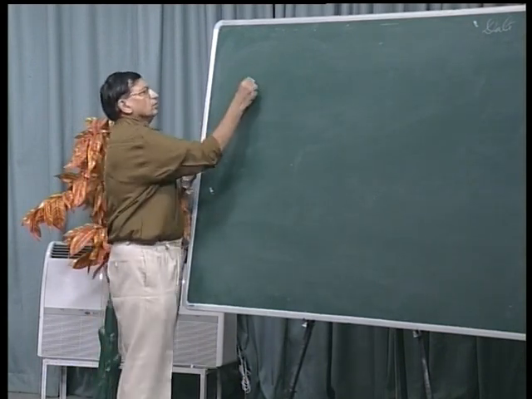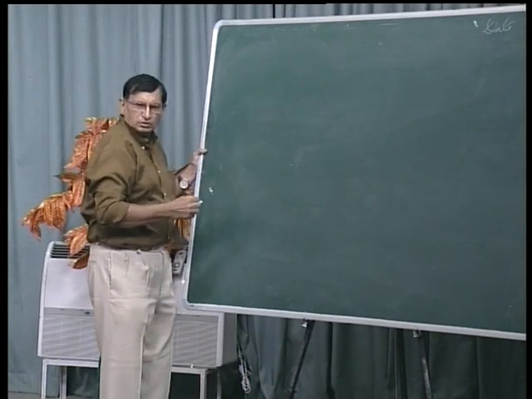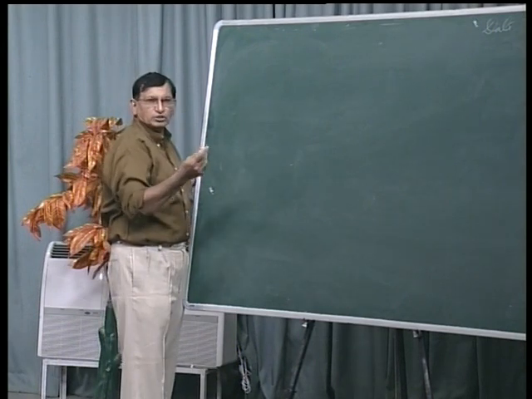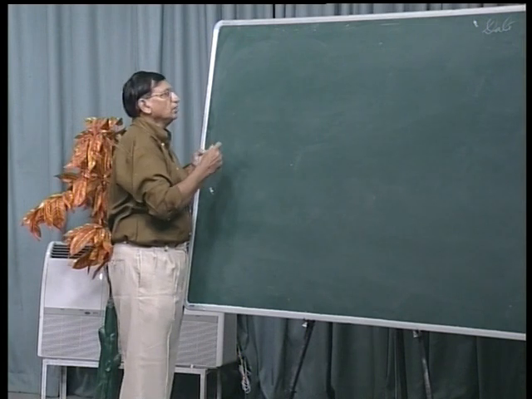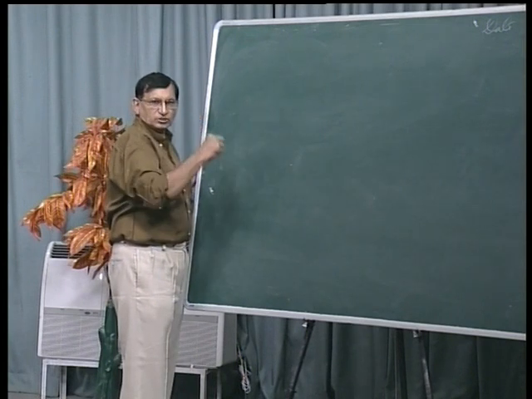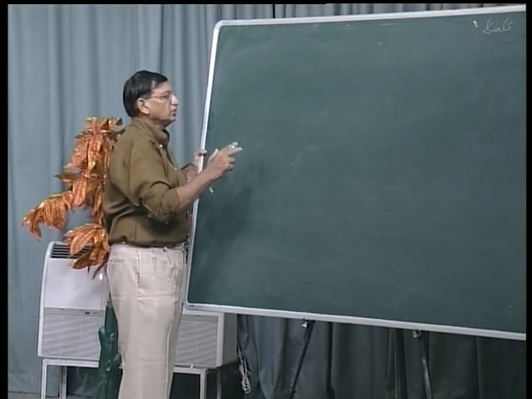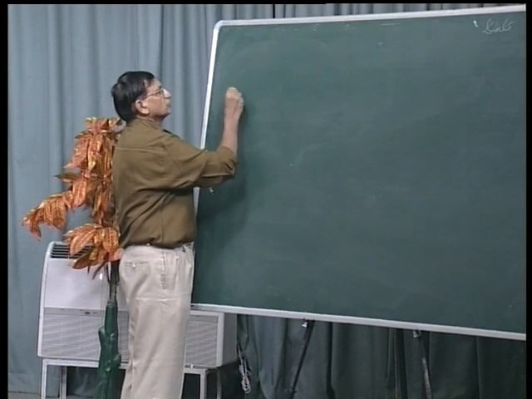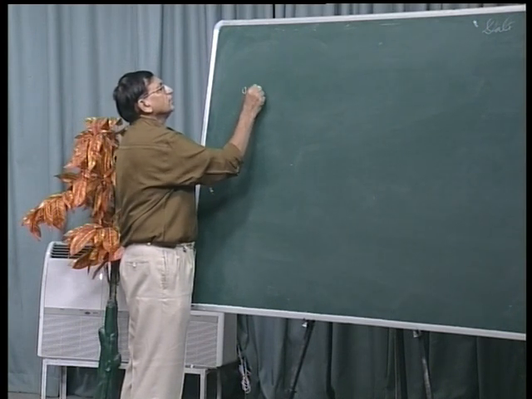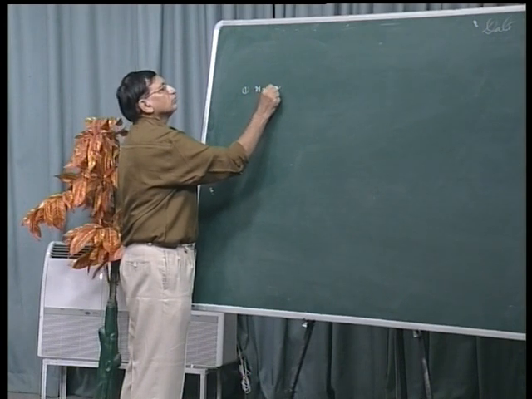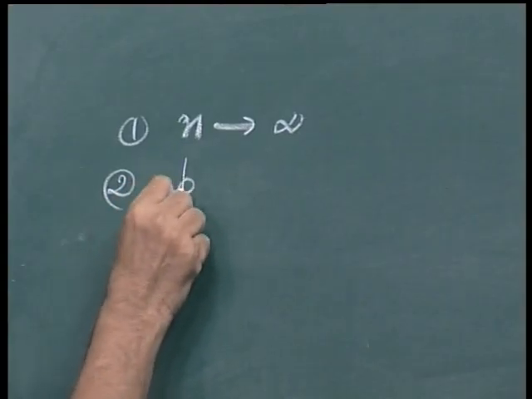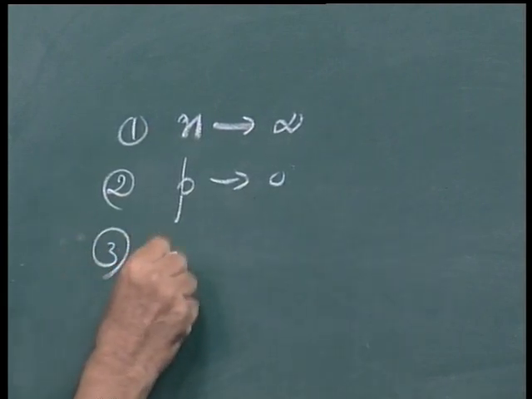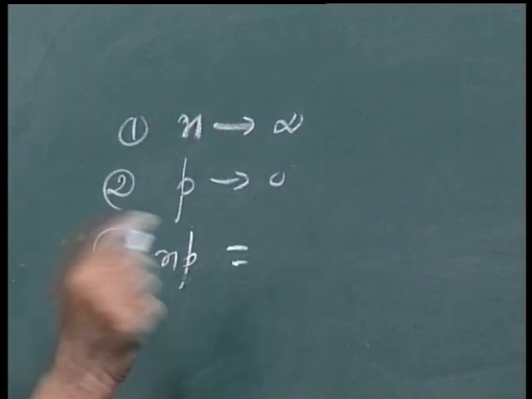Now under certain conditions, this binomial distribution approaches the Poisson distribution. Simeon Denis Poisson obtained the distribution that carries his name. It applies under three conditions. First, n should be very, very large, meaning n should tend to infinity. Second, p should be very, very small, almost 0, near to 0. And third, infinity into 0 is undefined.